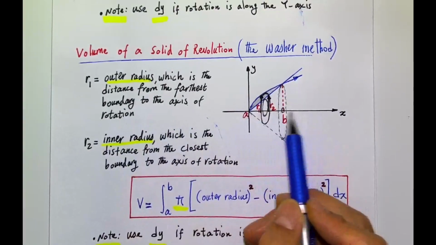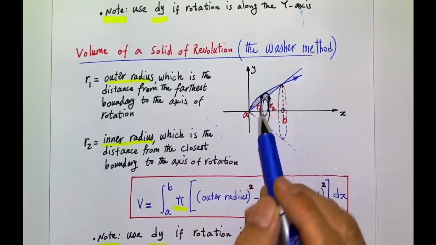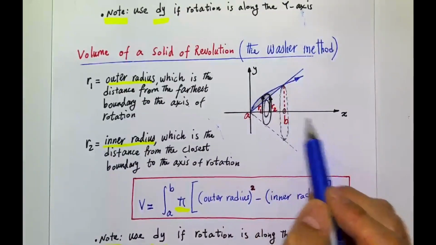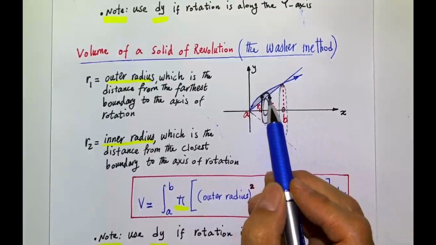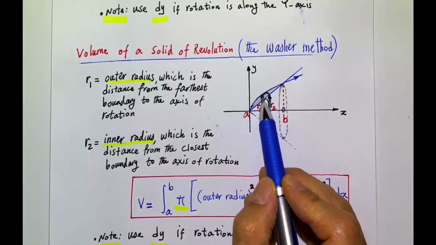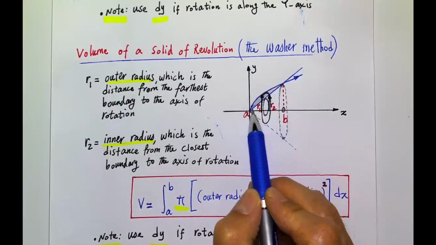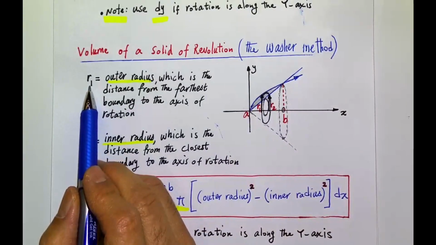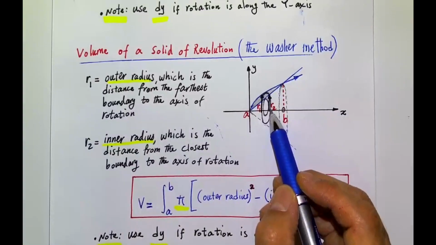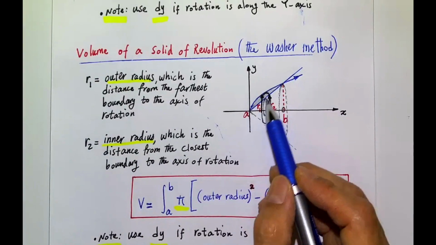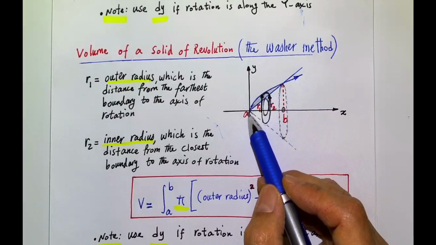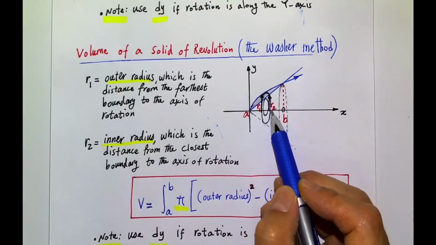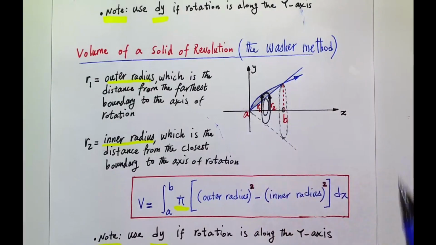So for example, if we take this picture and rotate about the x-axis, then the outer boundary with respect to the axis of rotation would be this one, or R1, which I've labeled here. And the inner radius of rotation would be this straight line with respect to this axis. Why is that important?